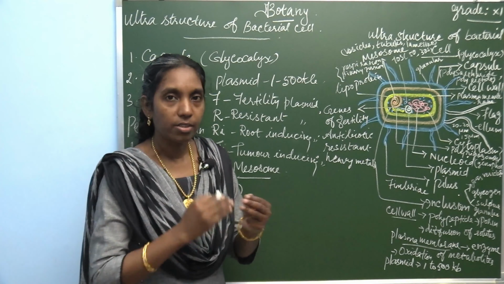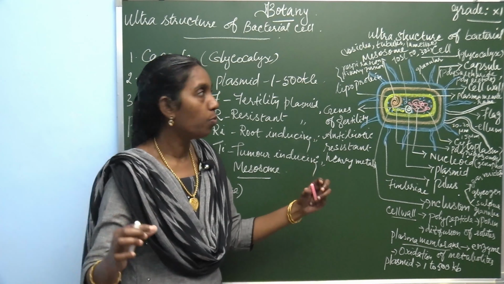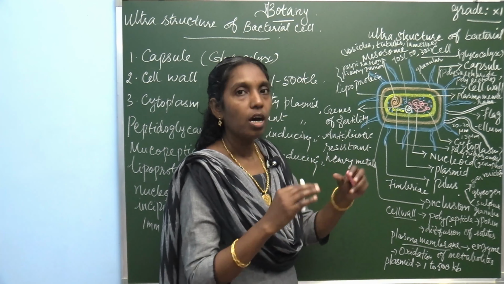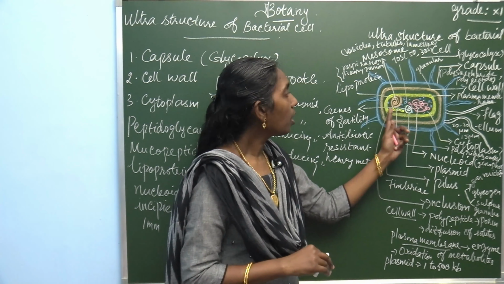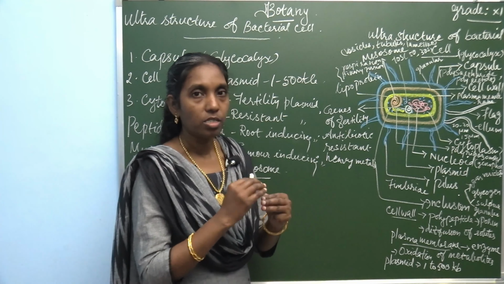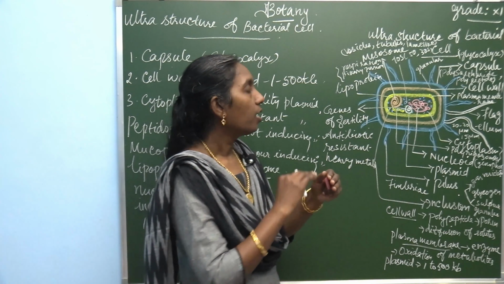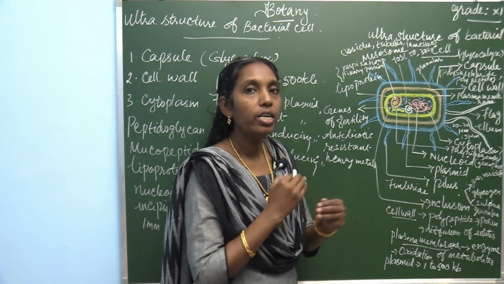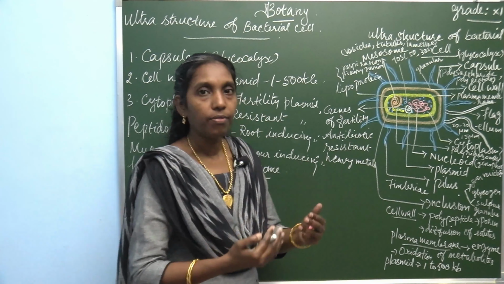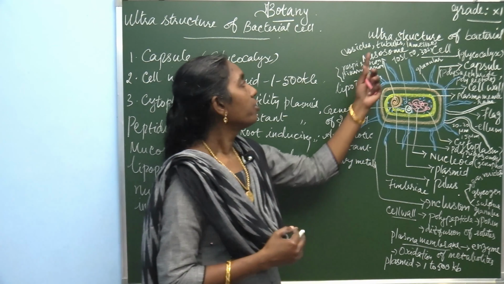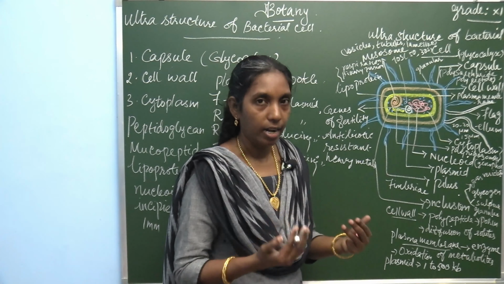Either it forms as a vesicle, or as tubules, or in the form of membrane-like lamellae. So mesosomes are folded, highly coiled structures.